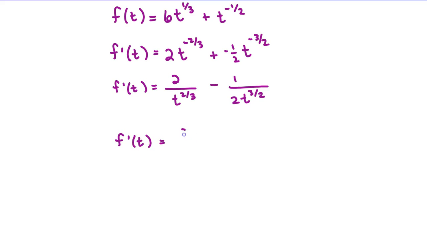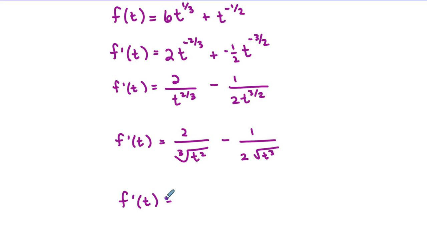If you have a 1/3 power, it's a cube root. So we have 2 over the cube root of t squared. And then if you have a 1/2 power, it's a square root. So we have 1 over 2 times the square root of t cubed. Now you could also simplify the square root of t cubed by factoring out a t. So for our final answer, 2 over the cube root of t squared minus 1 over 2t square root t.